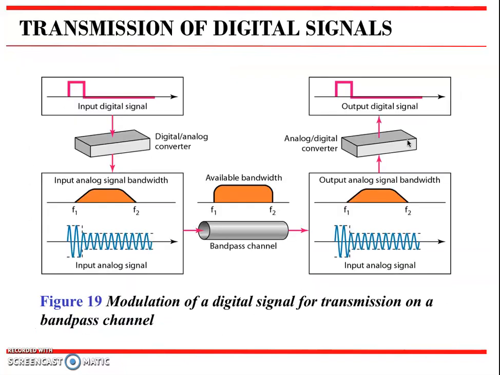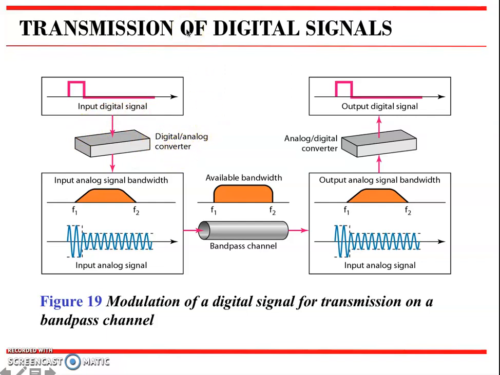Okay, so the idea here is modulation, or changing the digital signal to analog signal first at the sender side, then we can transmit to the receiver. So at the sender side we have this digital signal, so kita pun kena tukar kepada masuklah dalam converter.